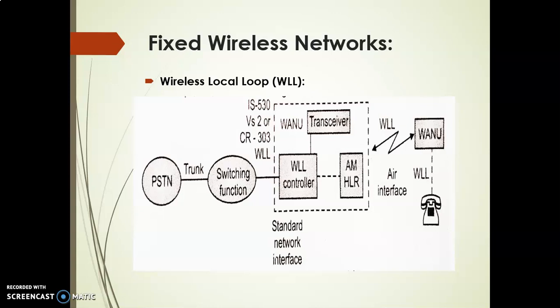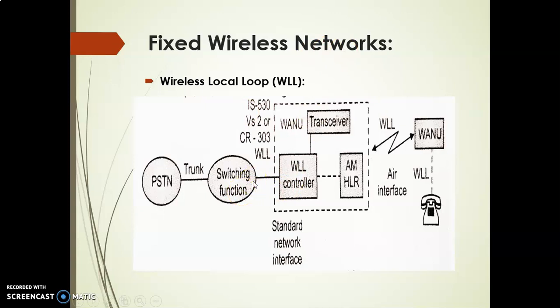As you can see here in this diagram, first the PSTN is connected to the switching function. Now PSTN is your public switch telephone network, which is used for landline connection. It is connected to the switching function, that is mobile switching function, MSC.